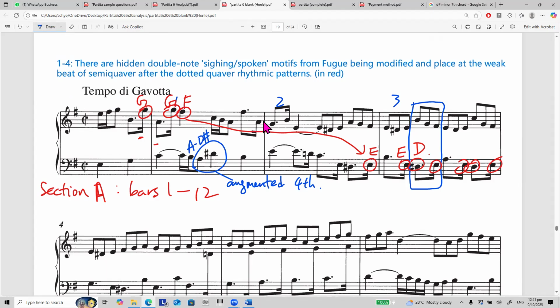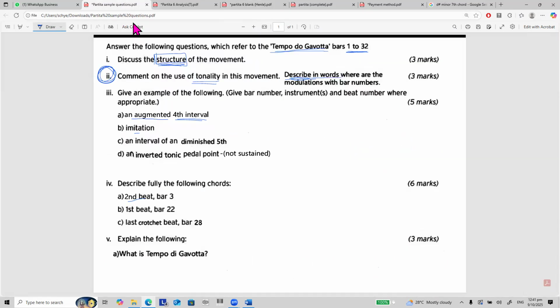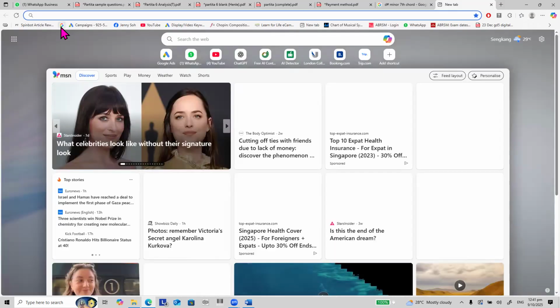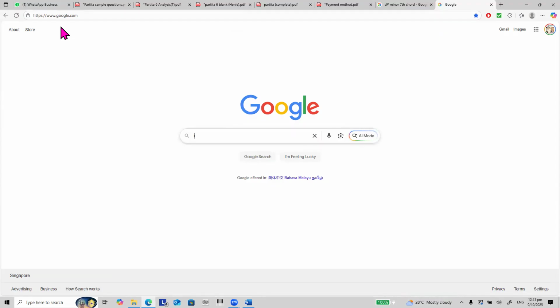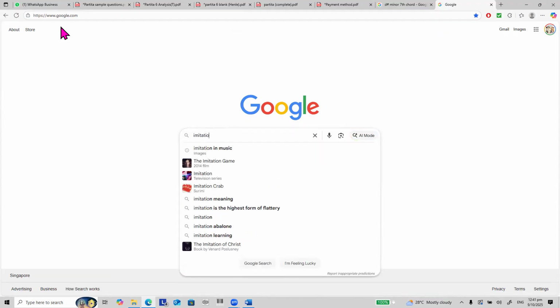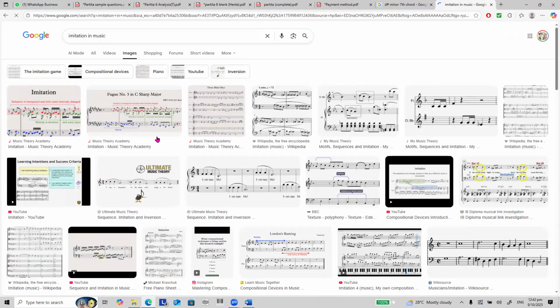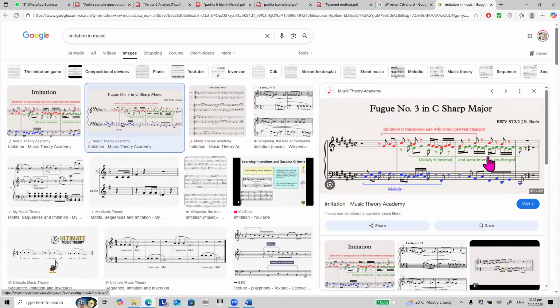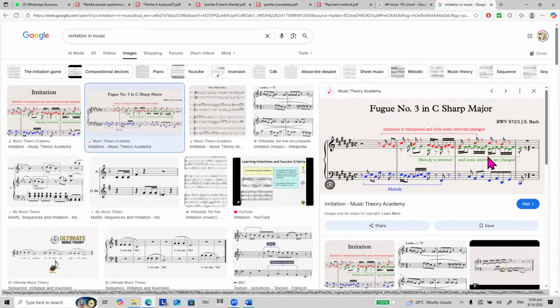And the next question is asking about imitation. So what does imitation mean? If you look at some musical examples, there are two types of imitation. One type of imitation is the same melodic line being repeated in different parts of the music.